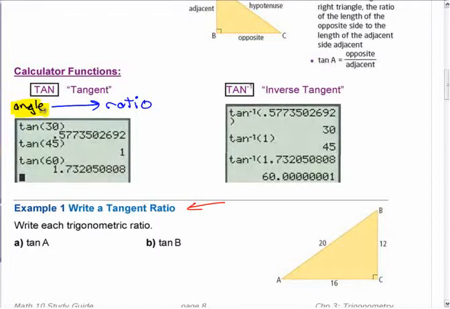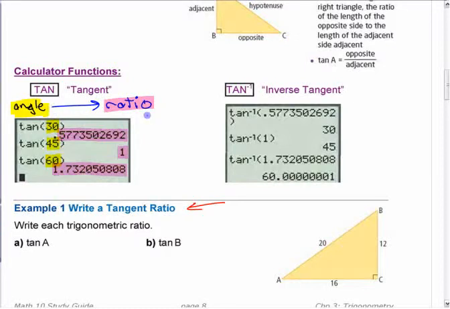Here's the angle, right? That's the angle each time there. And it gives you the ratio. This is the ratio, right? That's to kind of go forwards, I would say. Take the angle and give you the ratio.